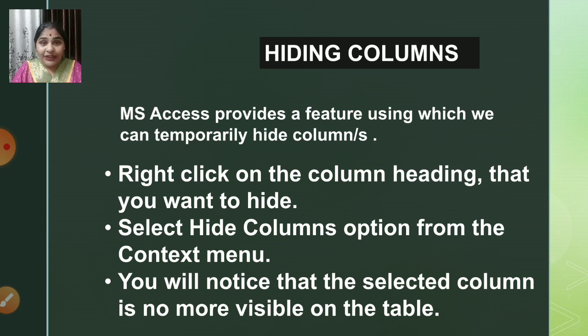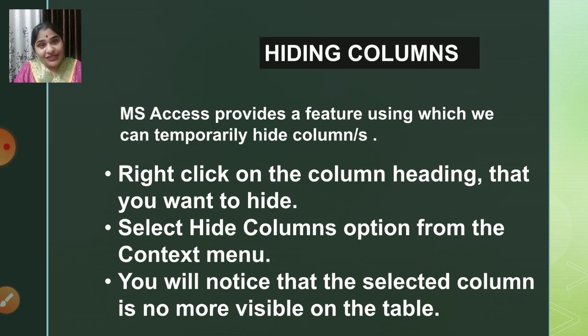After you right click on the heading children, select the hide columns option from the context menu. When you right click, the context menu will appear on the screen, and from that you have to choose the hide columns option, okay? There will be different options. I'll show you that also, and from that you will select hide columns.